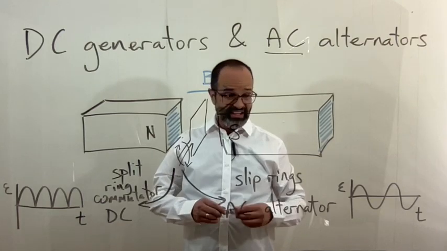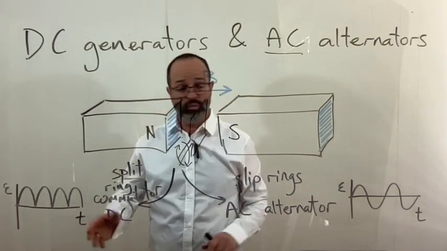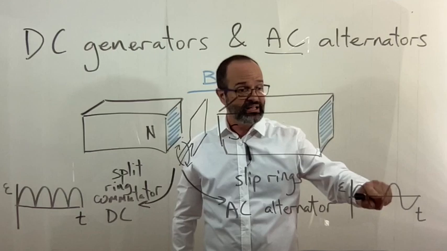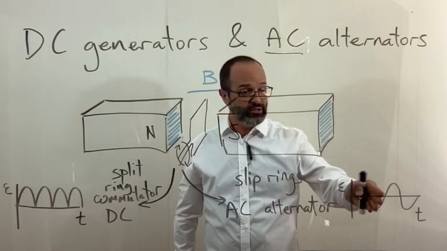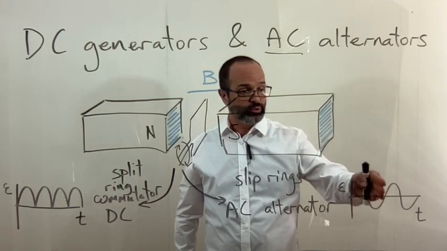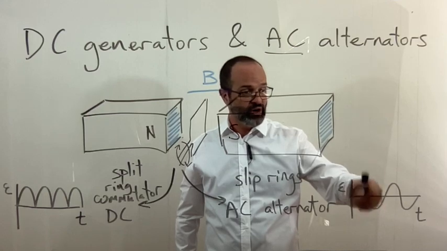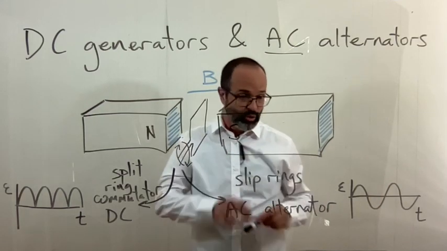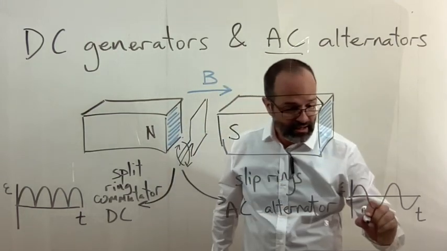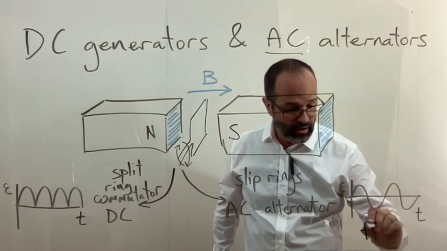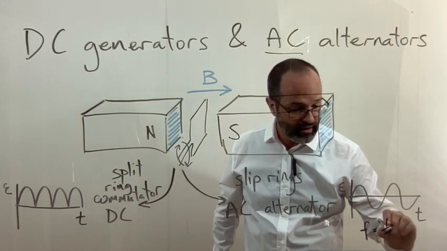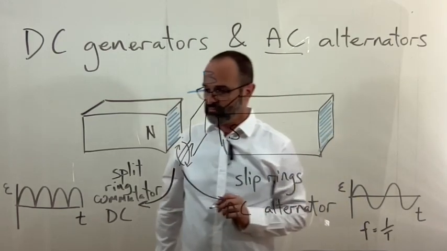So the sorts of things that you have to consider with this are what is the frequency. So the period of one cycle will be whatever's on that time axis there, and then we work out the frequency by saying that's 1 over the period.